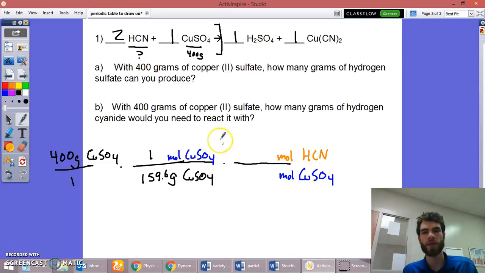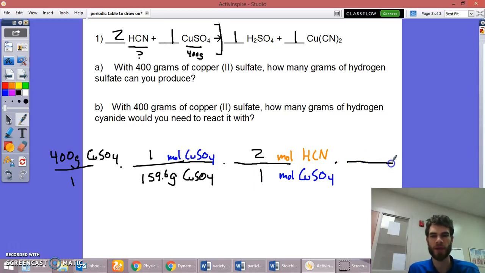Okay. Now let's put the units in. Here's the only time where moles are not just ones. You have to look at the molar ratio here. So you have 2 moles of hydrogen cyanide for every 1 mole of copper 2 sulfate. So 1 goes there. Alright, that step's pretty quick and easy, right? Next fraction.